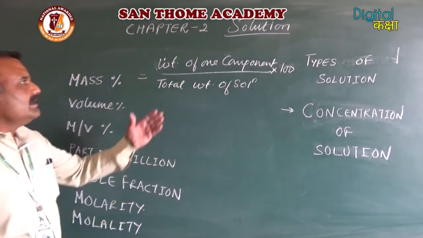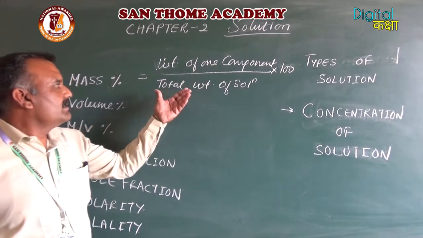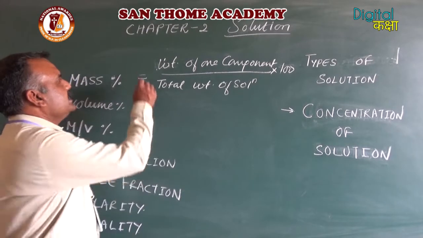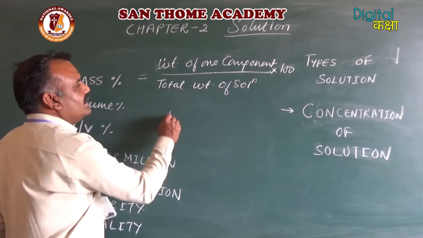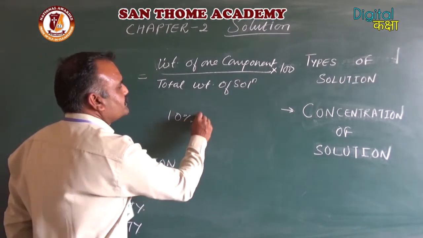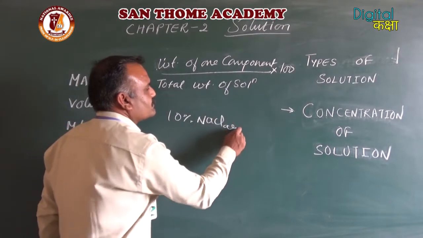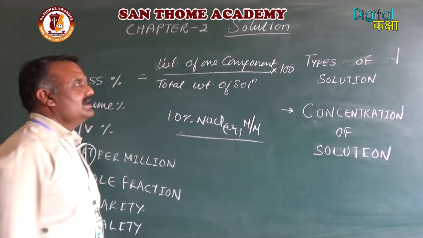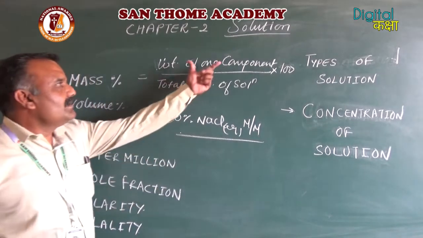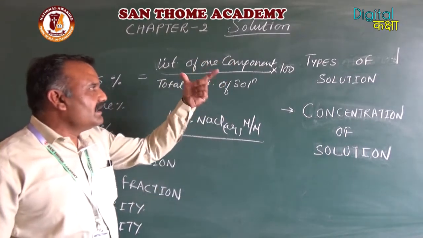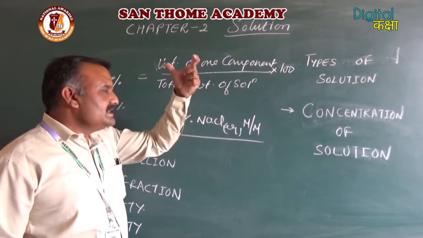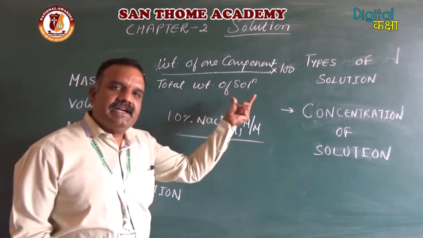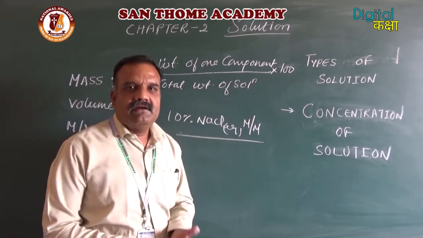For example, if I say 10% NaCl aqueous solution, m by m, mass by mass, it means that 10 grams of NaCl was dissolved in 100 grams of solution. When I say 100 grams of solution, it means 10 grams of NaCl plus 90 grams of water.